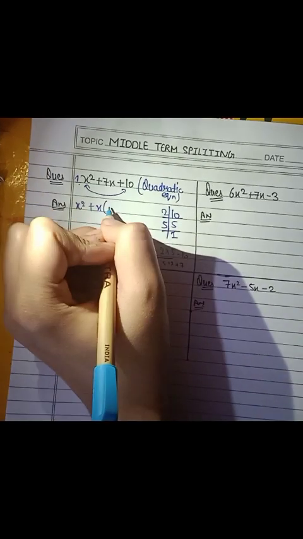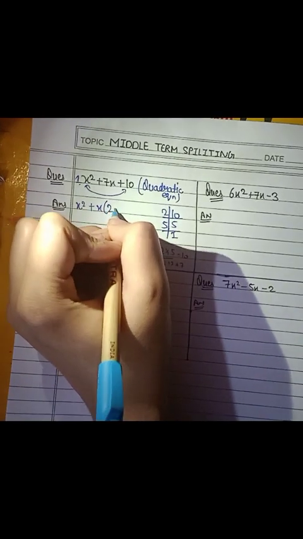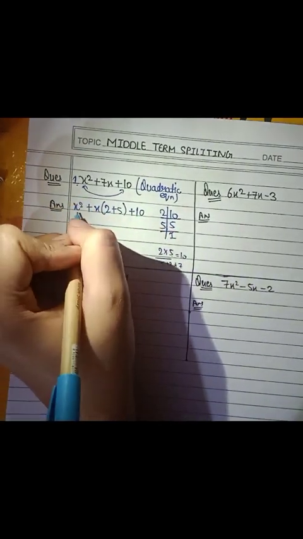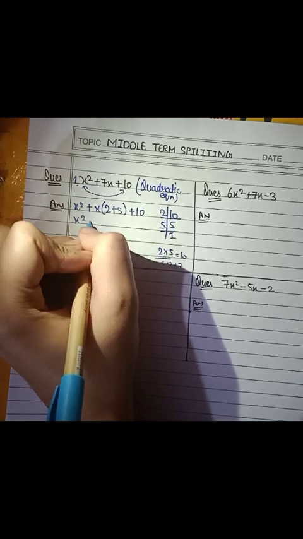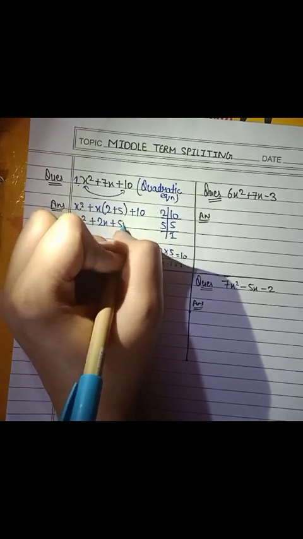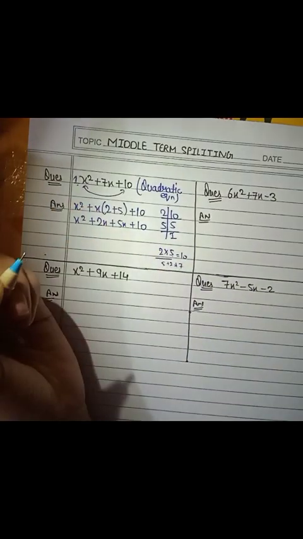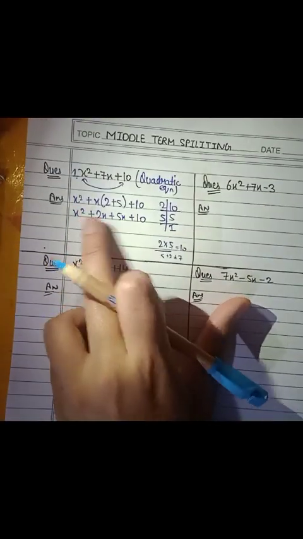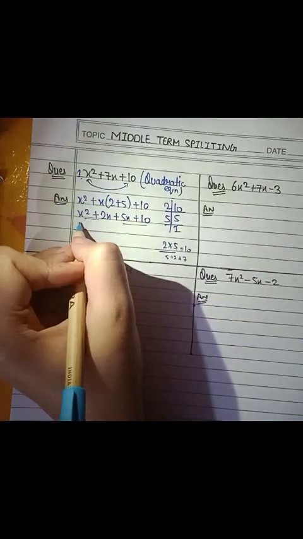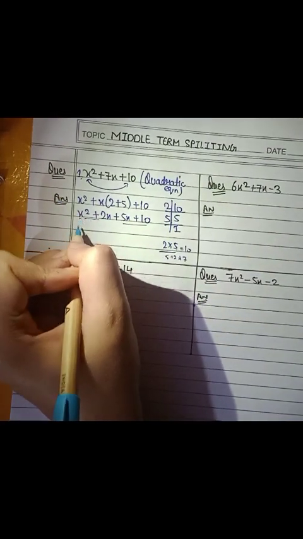Then just solve this with this equation. We got the pair x square plus 2x plus 5x plus 10.